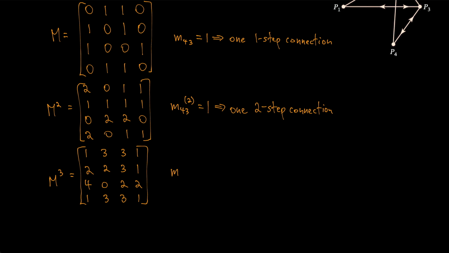So let's look at what M cubed 4,3 is, and it's 3 in this case. So we have three three-step connections.